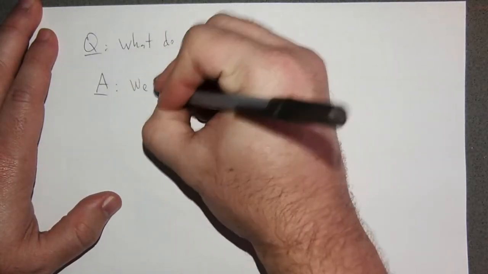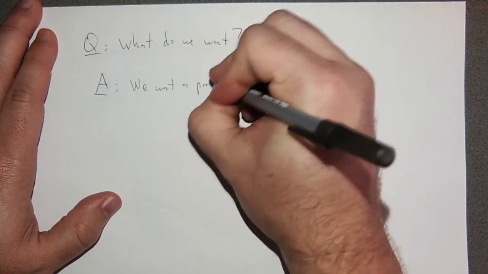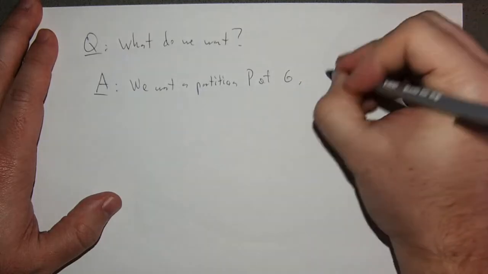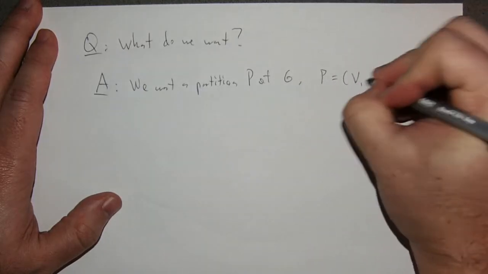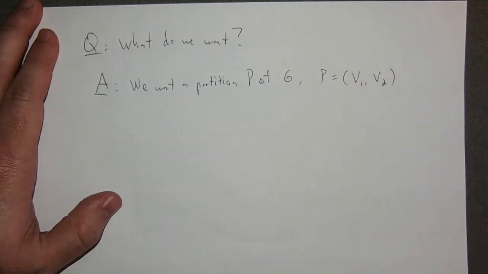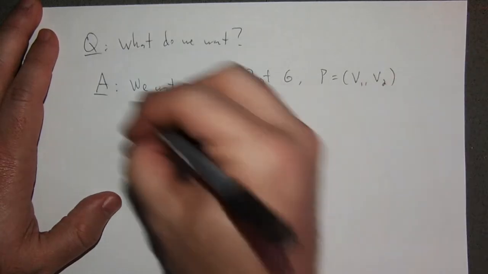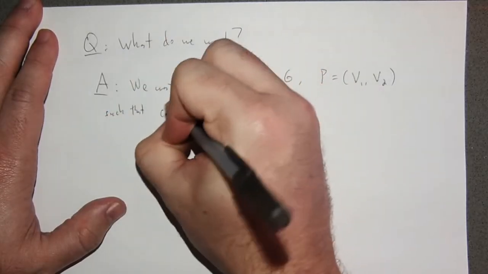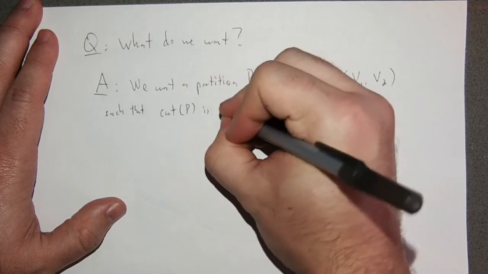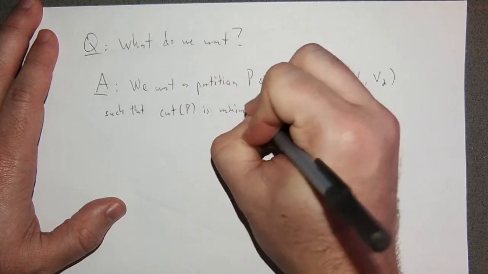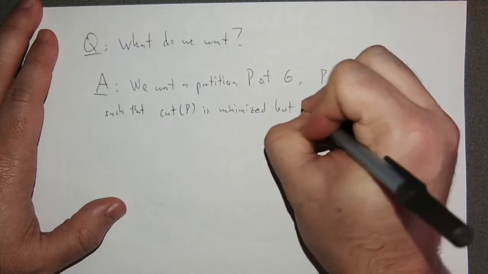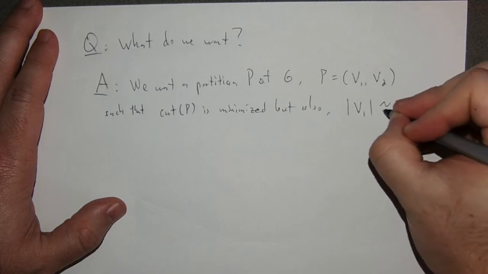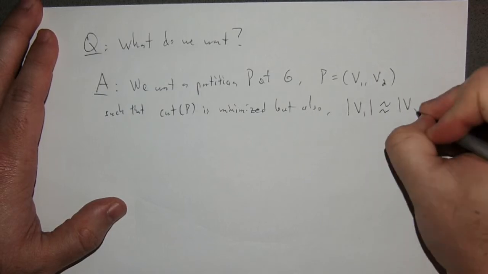So we want a partition P of G. Since it's a partition, it splits into two vertex sets, V1 and V2, such that cut P is minimized, but also the size of V1 is approximately the size of V2.